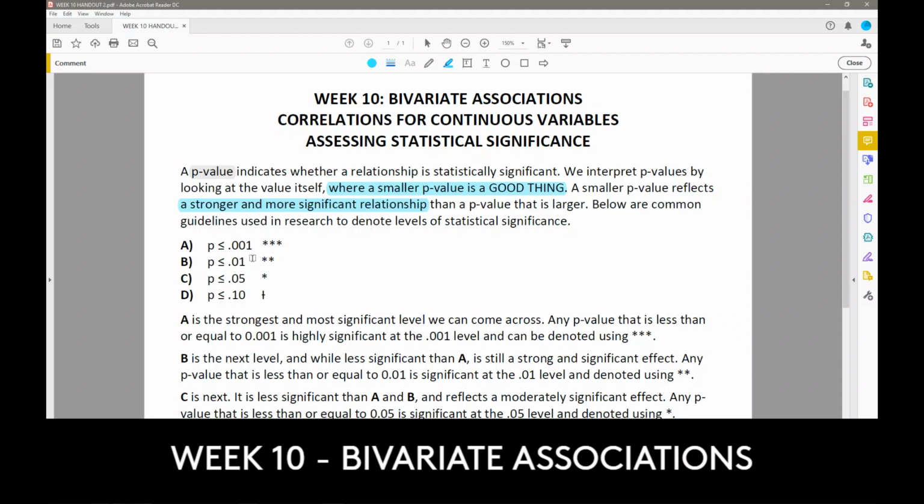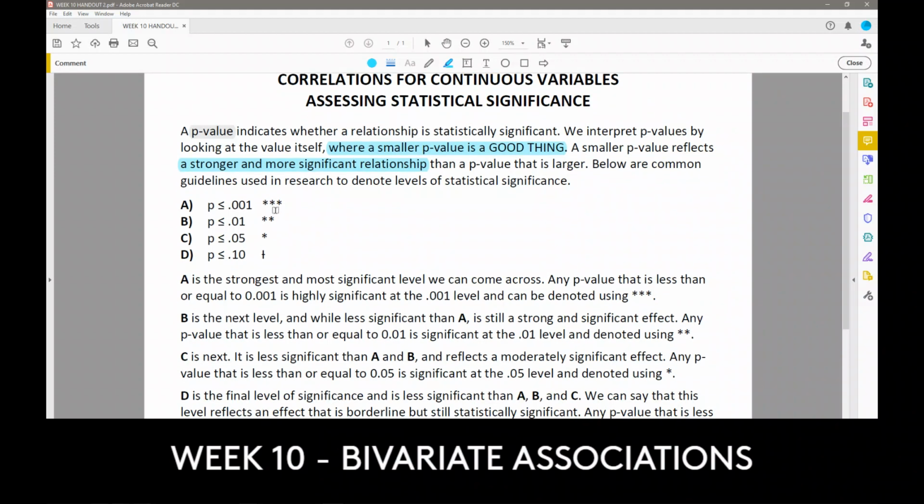Now below you'll see four different guidelines for p-values that is commonly used in research, okay? These denote the levels of significance along with the symbols that we use to associate the reading with that p-value, okay?